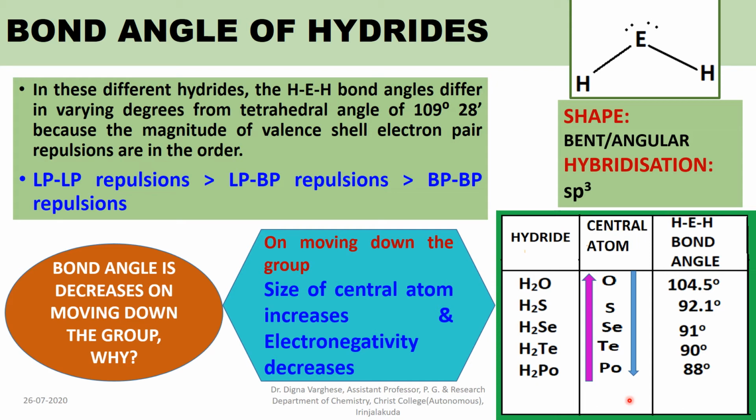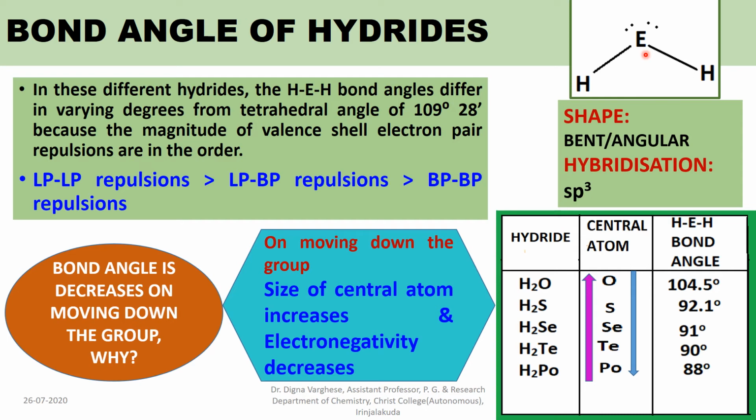So on moving down the group, the bond angle decreases, because the electronegativity of the oxygen atom is higher than the other elements in the hydrides.